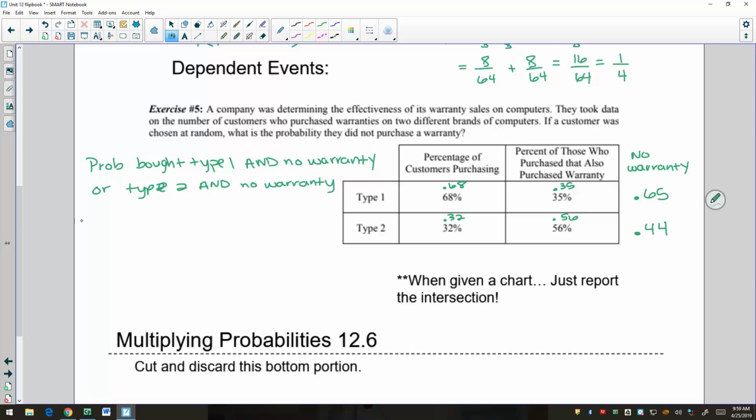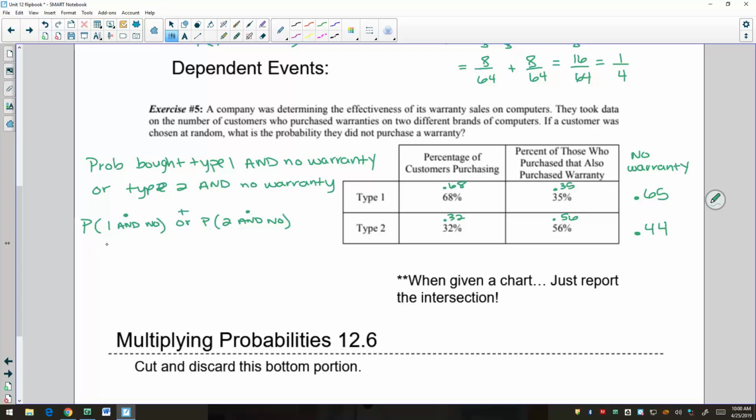So now I can find those probabilities. So first I'm going to find the probability of type 1 and no warranty. Or we're going to find the probability of type 2 and no warranty. So and means multiply, or means add, and we're going to write those numbers down and just do some algebra.